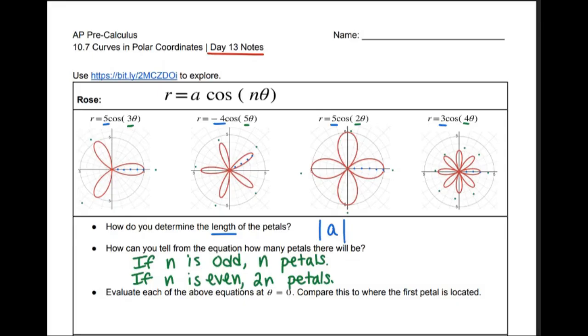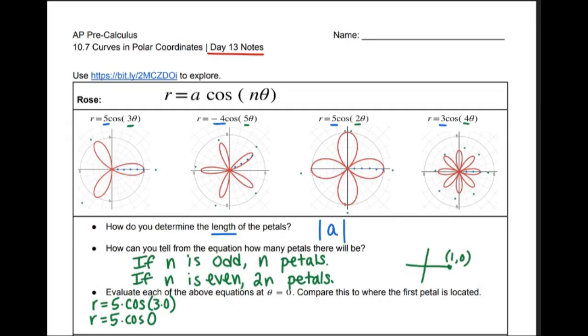All right, then it says, evaluate each of the above equations at theta equals 0. Compare this to where the first petal is located. Okay, so if we do r equals 5 times cosine of 3 times 0, that gives us r equals 5 times cosine of 0. And we should know from our unit circle, if we do cosine of 0, that's at 1, 0.